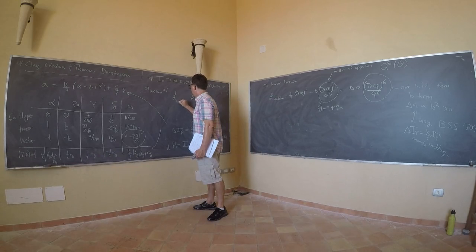And this thing includes, crucially, the R symmetry pieces, like R squared.